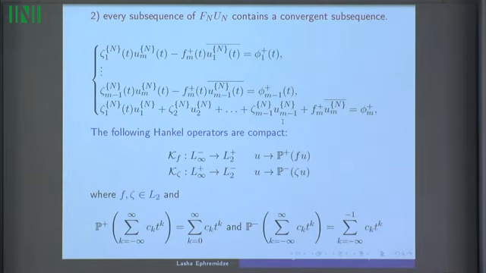First of all we introduce these projections, positive and negative projections, P plus and P minus, and this shows that P minus of this function is 0, and from any convergent subsequence we can take that the negative parts of these functions will be convergent.